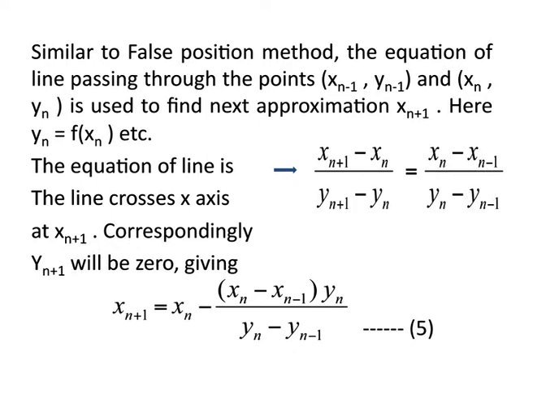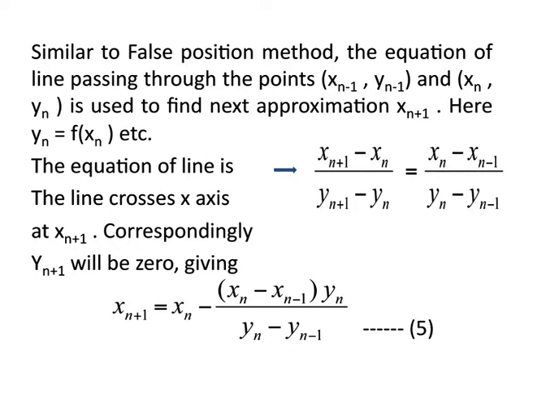As we have defined, we will use the linear interpolation. That means we will approximate the function by a line passing through these 2 points. So, we again write the equation of line. You can see the equation of line on your screen passing through these 2 points.